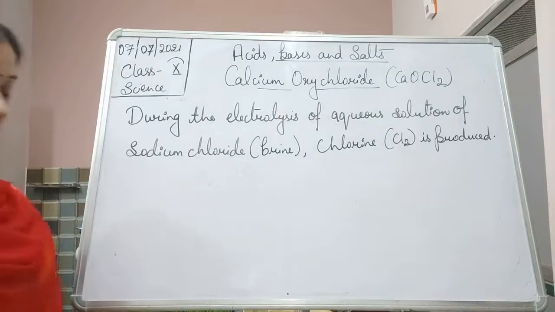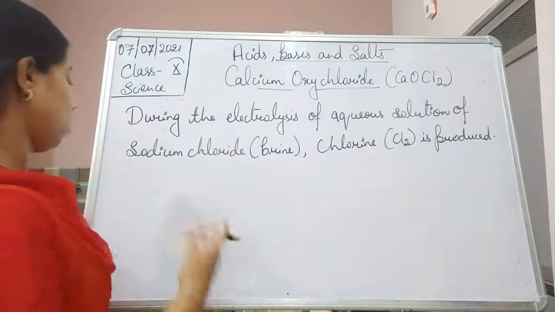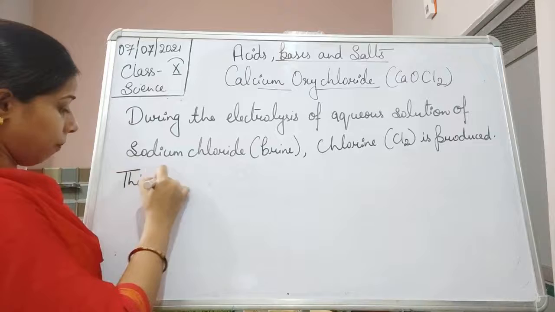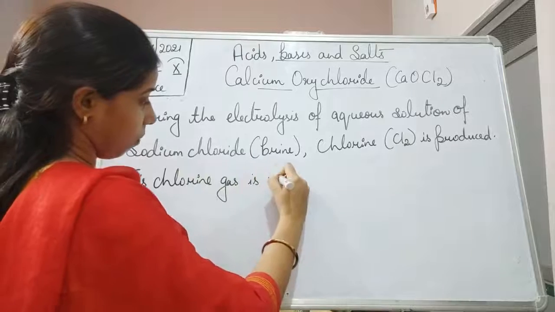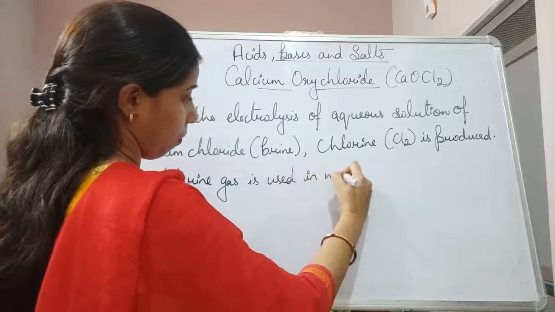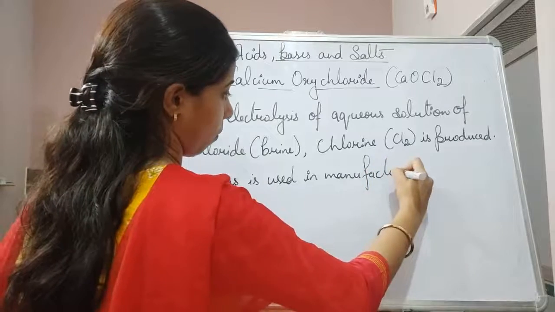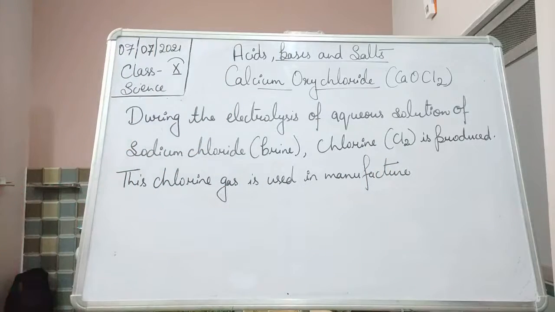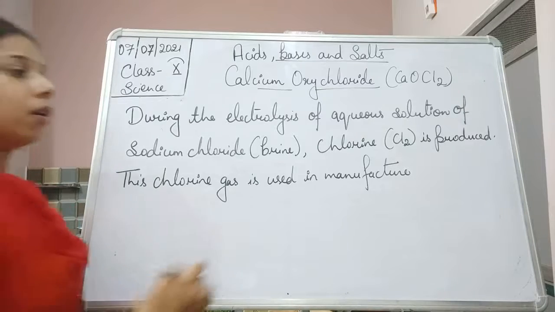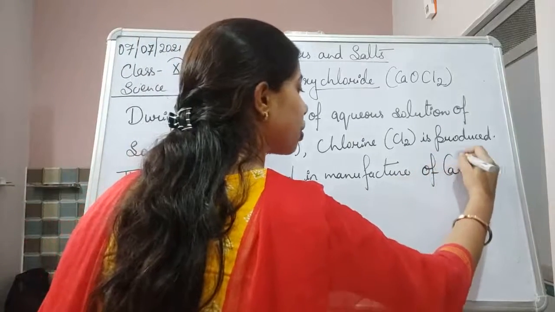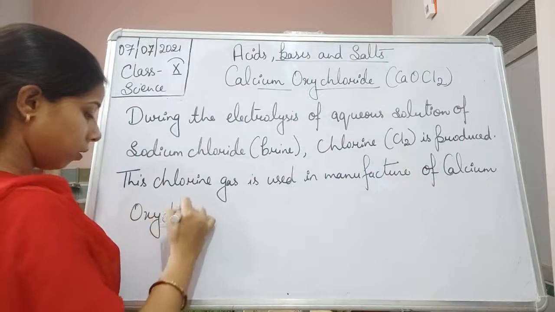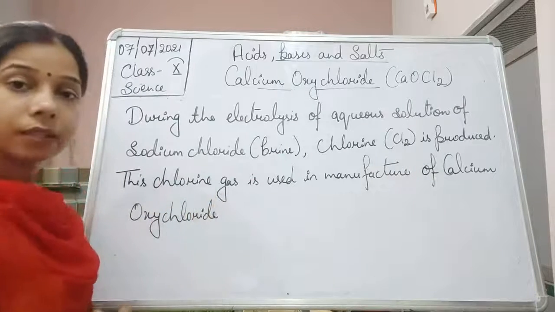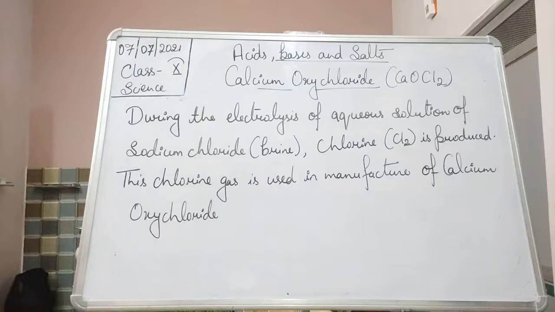This chlorine gas is used in manufacture of calcium oxychloride.